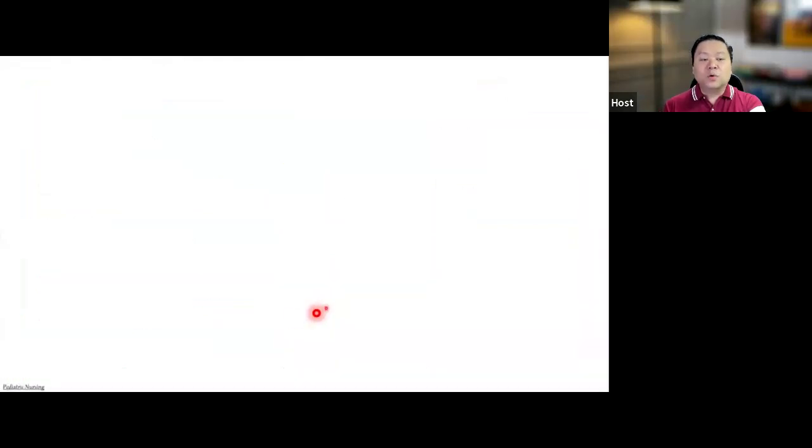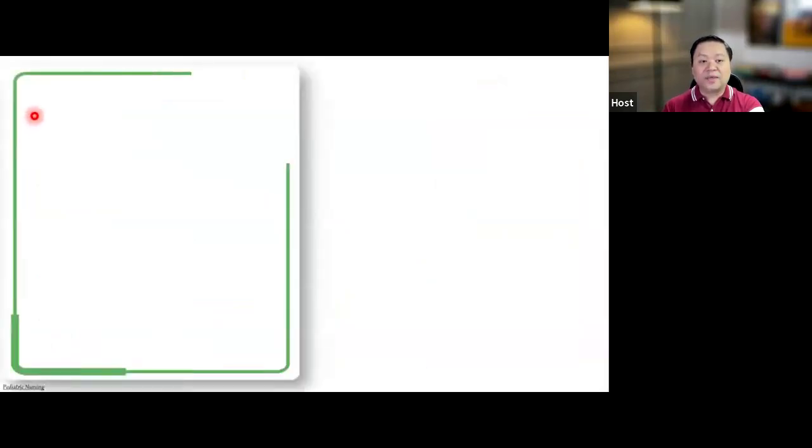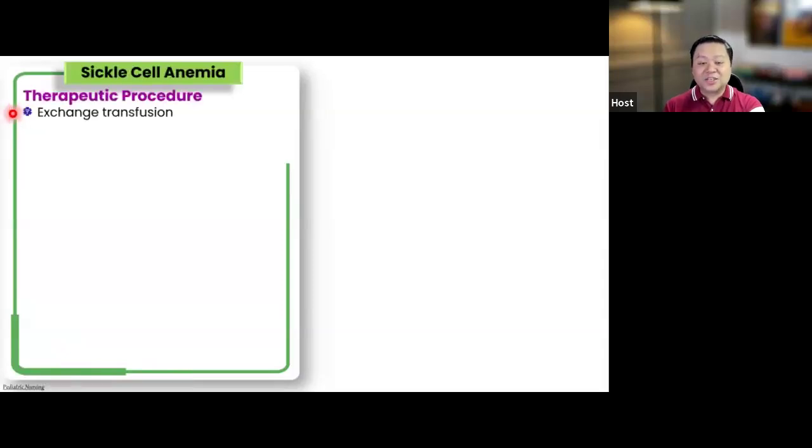Now, we are going to talk about the different therapeutic procedures that will be involved in the care of a patient with sickle cell disease. One of the therapeutic procedures first is the exchange transfusion. What is this?